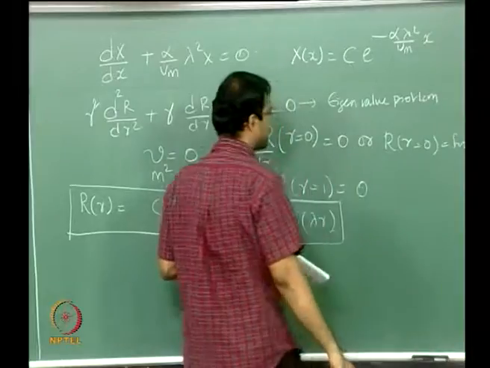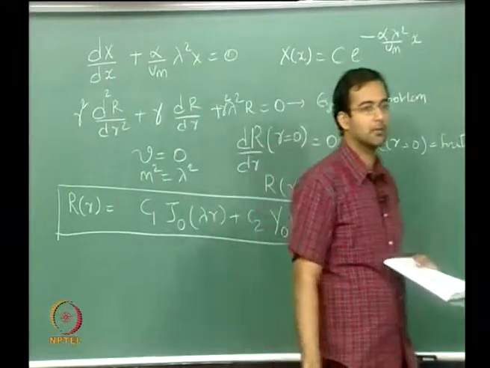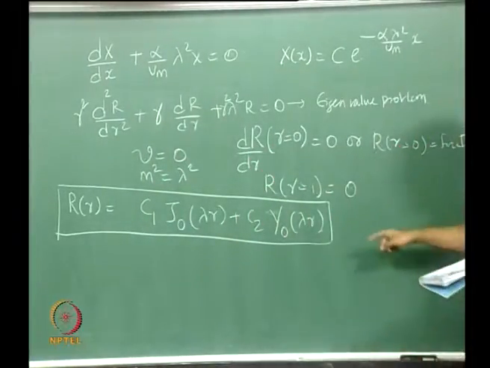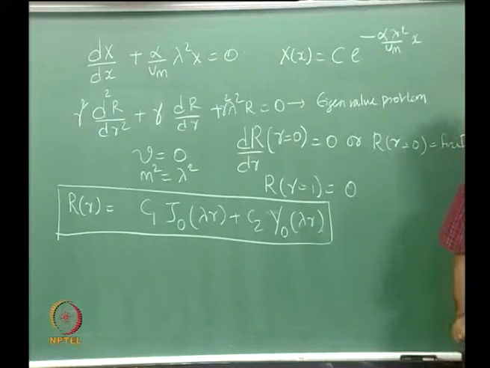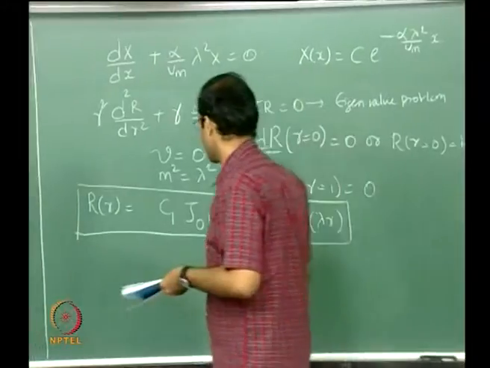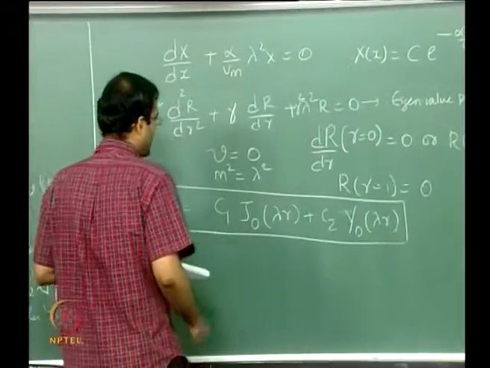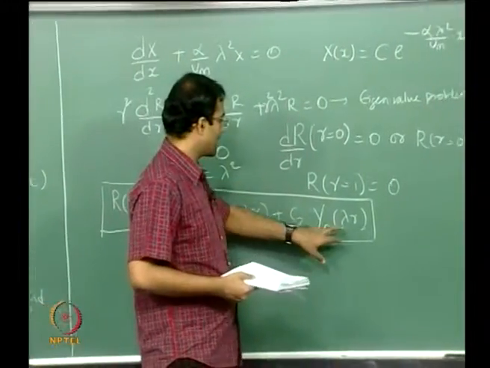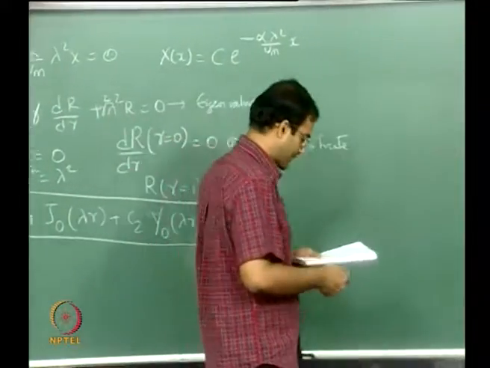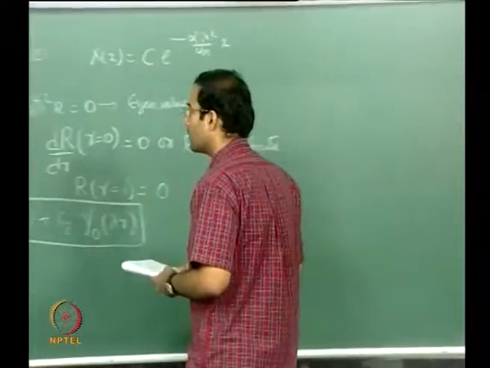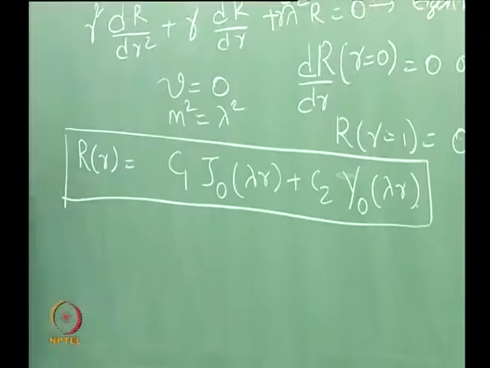Any eigenvalue problem should have two homogeneous boundary conditions. So now we apply the two boundary conditions to get the two constants. Directly we come to the condition at R equal to 0, capital R should be finite. I will also show you how these Bessel functions behave.